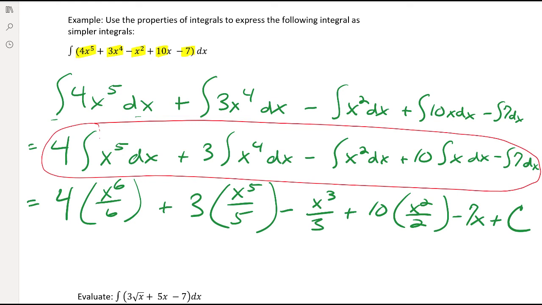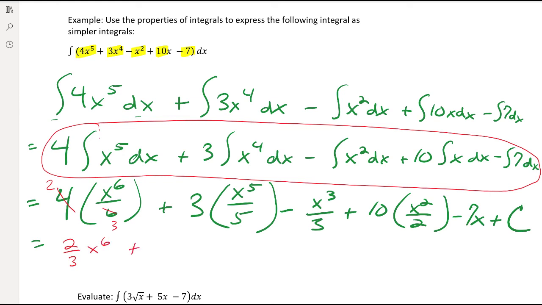All right. The next step is to simplify this answer. So I have 4, which is being divided by 6 in my first term. I'm going to simplify this by dividing through by 2. So we have 2/3 x to the 6, or you can write it as 2x to the 6 divided by 3.